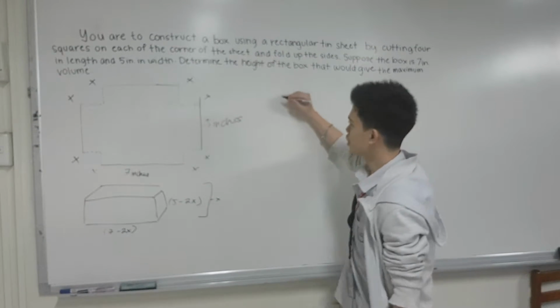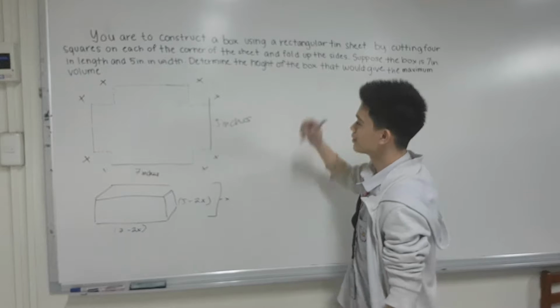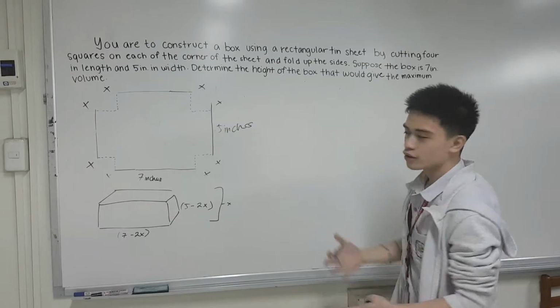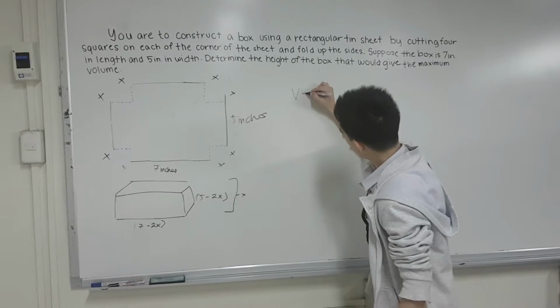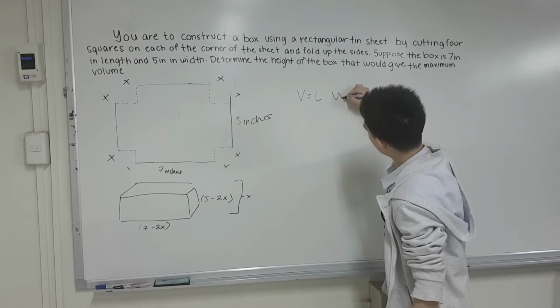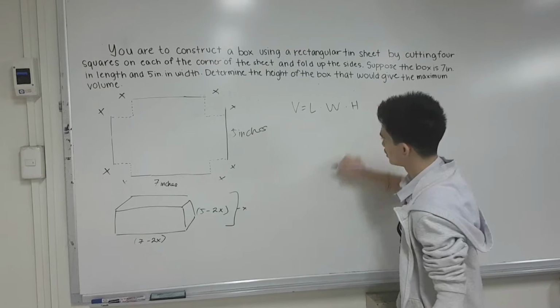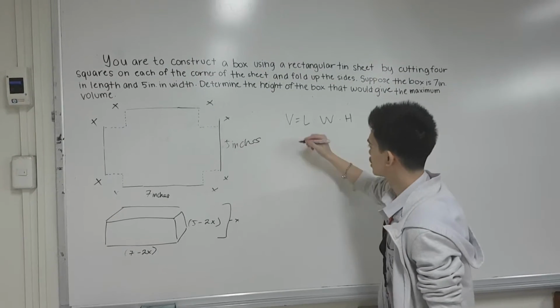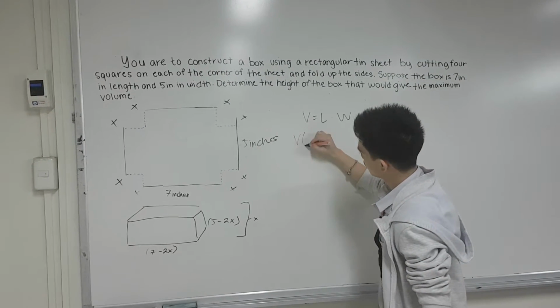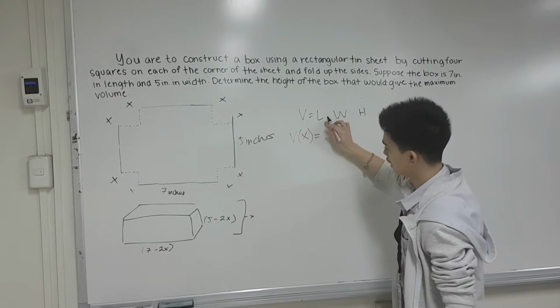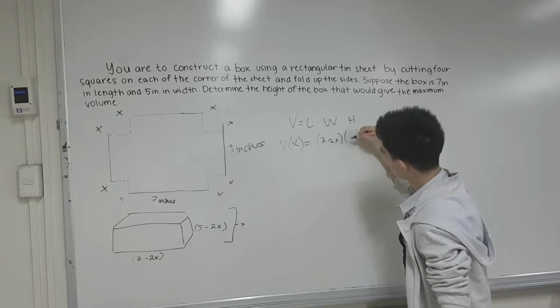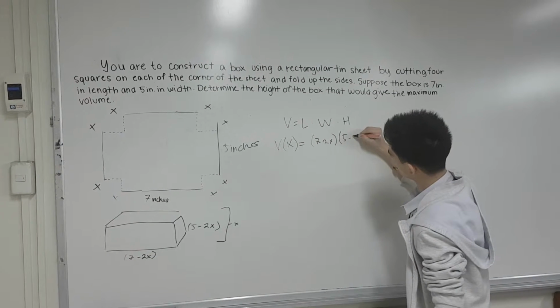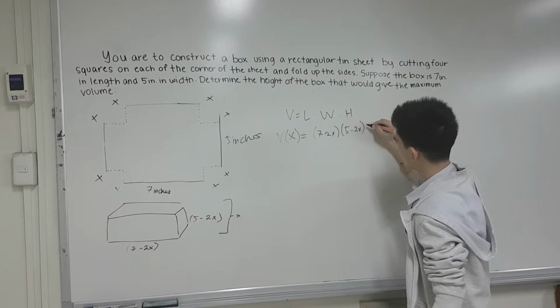We can then write our equation. First we have to remember that if looking for the volume of a rectangle or of a box, we use the equation length times width times height. Having our values here, we can substitute: length, which is 7 minus 2x, width 5 minus 2x, and then our height as x.